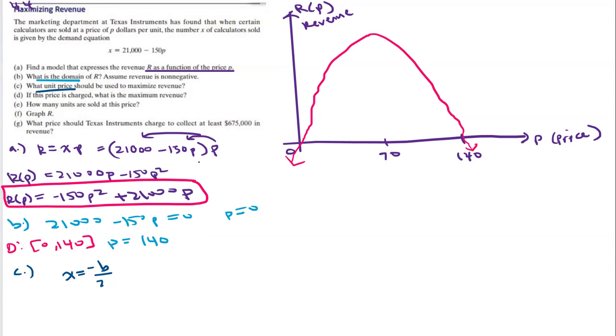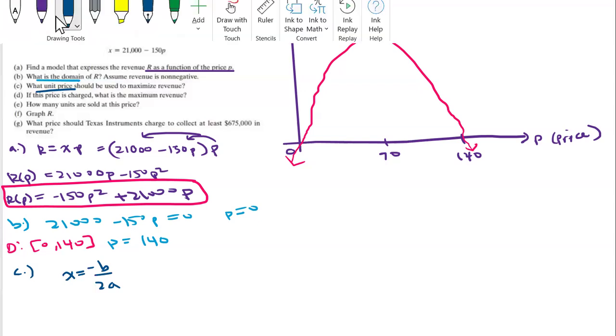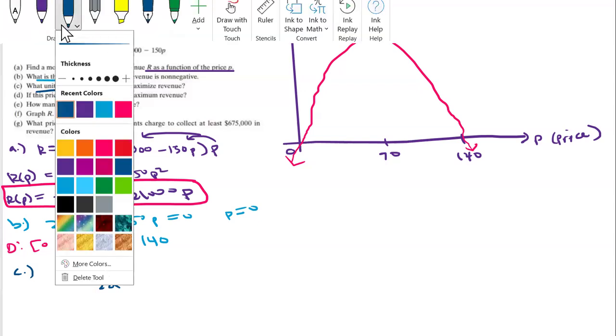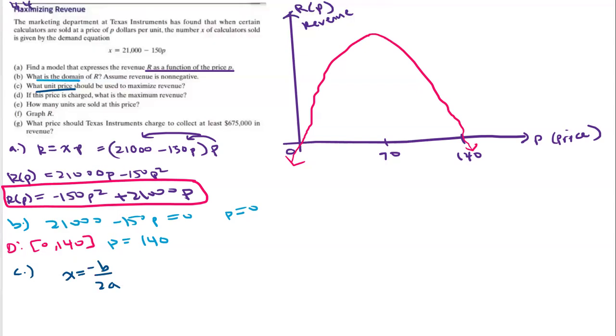Finding the maximum value deals with this formula. That's why I put this in order from the highest power to the least, because I knew I'm going to be using this formula. So now I can label this easily without having to worry about what was A, B, or C. This will be A, and then this would be B.